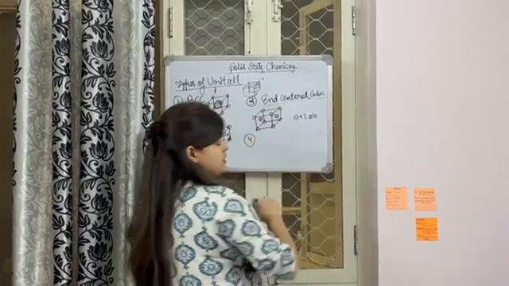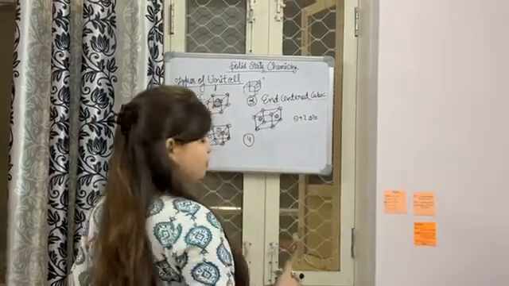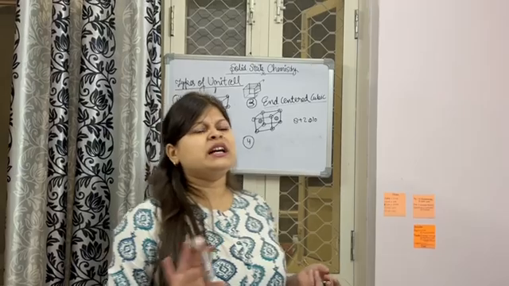Our fourth and the last type of unit cell we will discuss is the edge-centered unit cell, which is actually a hypothetical one.